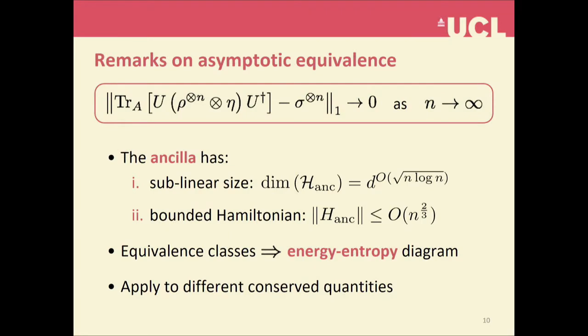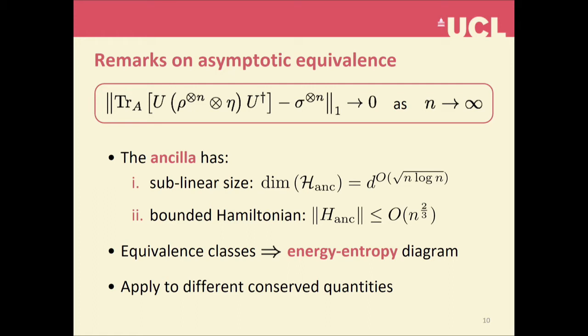This is what I mean by the passage from a microscopic description, so these quantum states, to a macroscopic description, so observables, energy, entropy. And also, this will allow us to represent the whole state space in this two-dimensional diagram, this energy-entropy diagram that we'll see in a minute. Finally, I'm talking about energy, but if in this resource theory we had a conservation of angular momentum, the same result would apply straightforwardly.